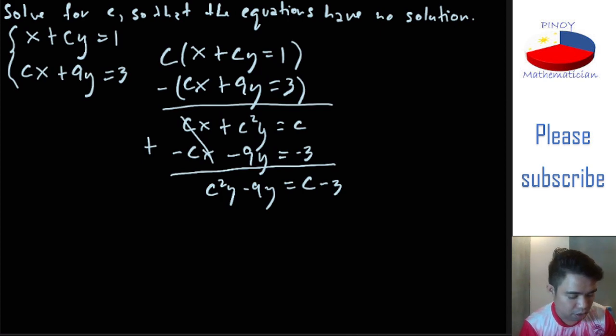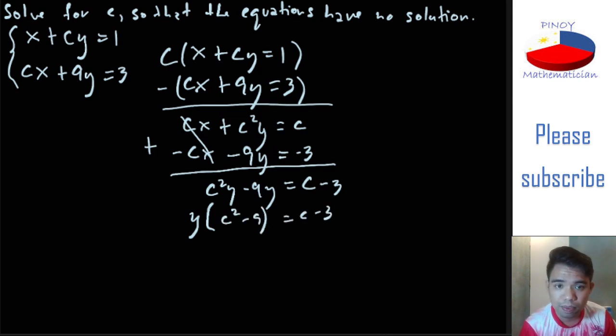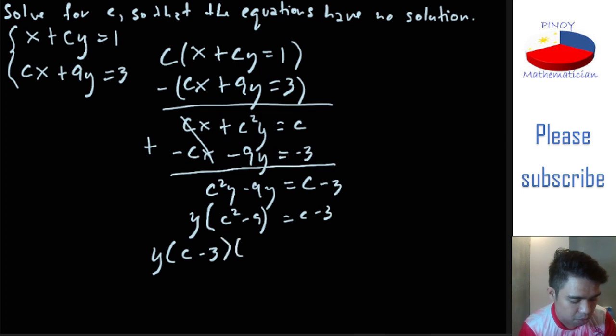So we can take out the y, making it y times (c squared minus 9) equals c minus 3. Then, difference of two squares, c squared minus 9 is the same as c squared minus 3 squared, so we can factor it as c minus 3 times c plus 3.